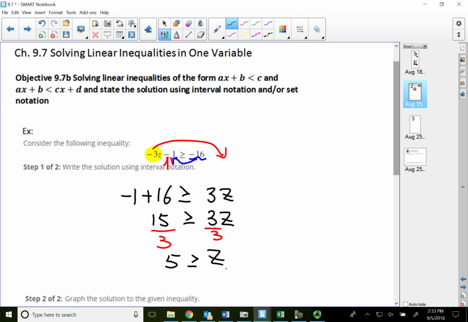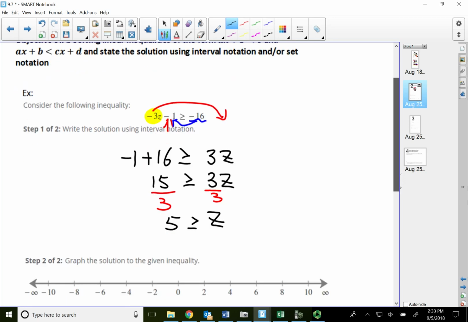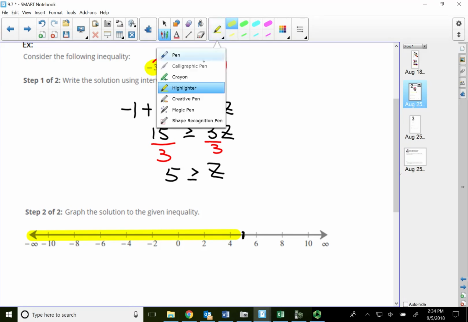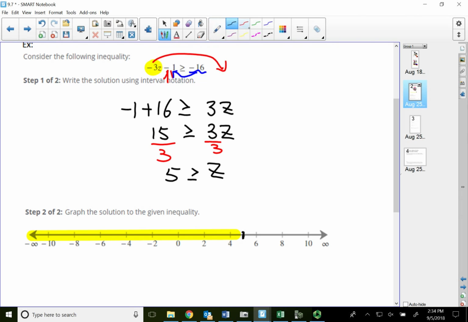All right, so if I read from the variable, that means I'm looking for numbers that are less than or equal to 5. 5 is about right here. Less than 5 is everything to the left. All right. So since I'm using equal to, that means I will use a closed interval or using a bracket.